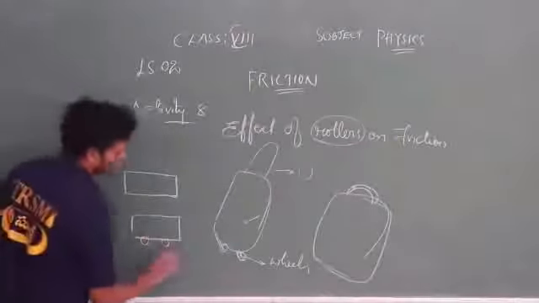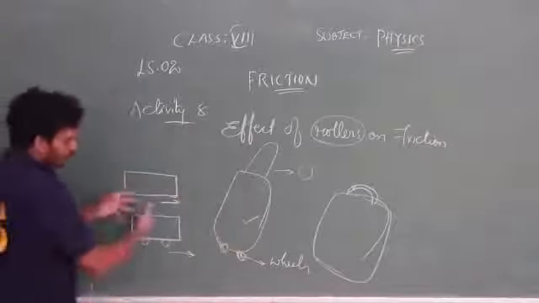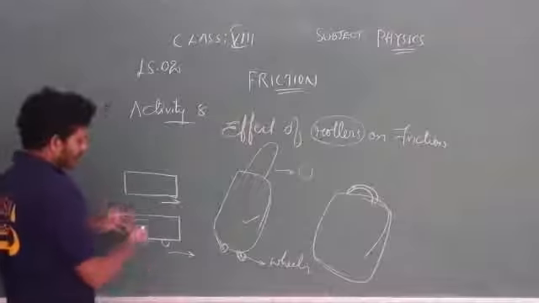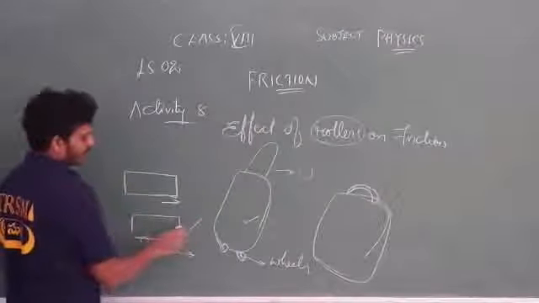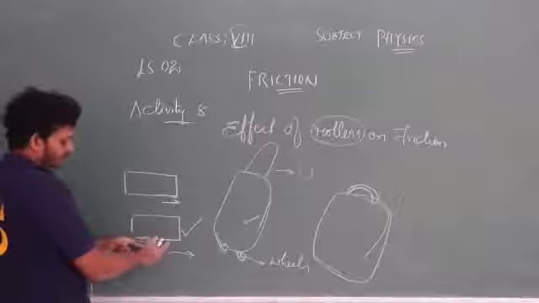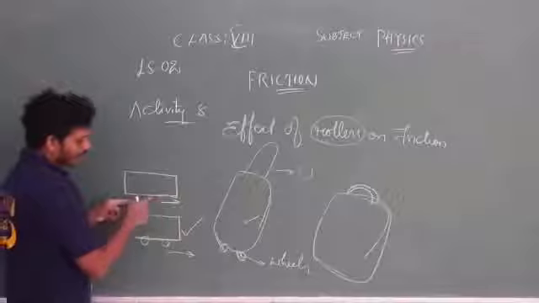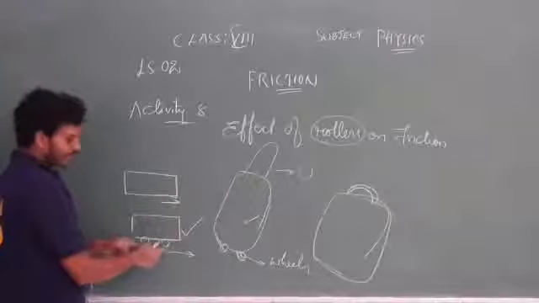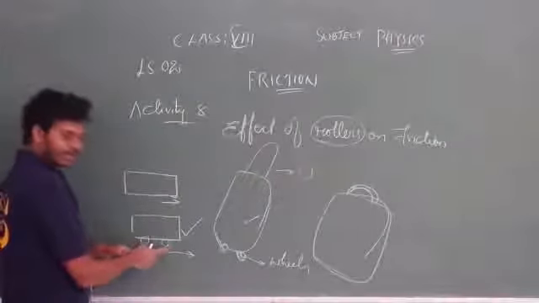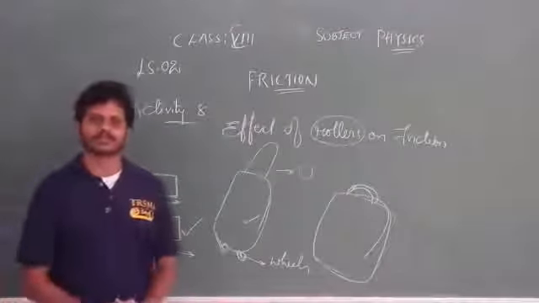Both are dragged in this direction, and obviously this can be pulled easily, because here wheels are present and here there are no wheels. Contact area is more here, whereas contact area is less there. So friction reduces, and it can be dragged easily.